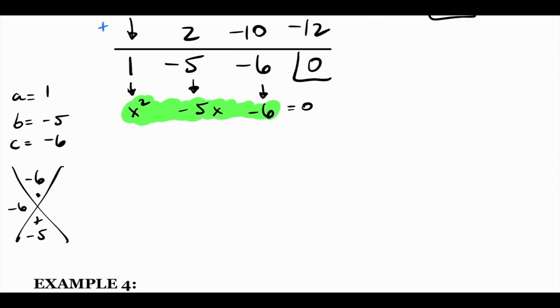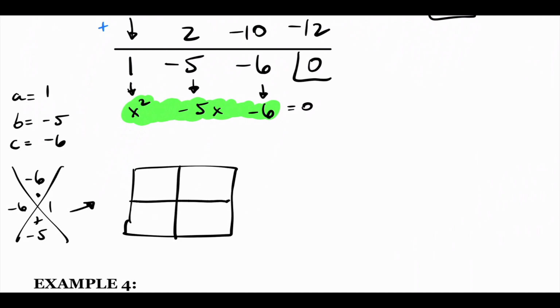There you go. x squared minus 6x plus 1x minus 6. x times x, right? So I need a negative 6 and a positive 1.